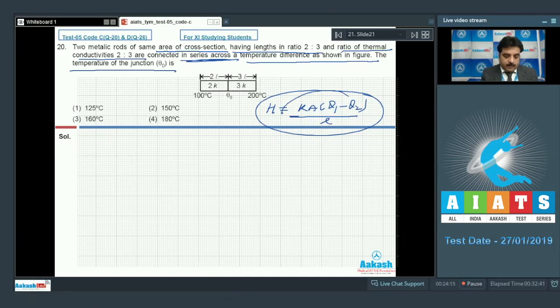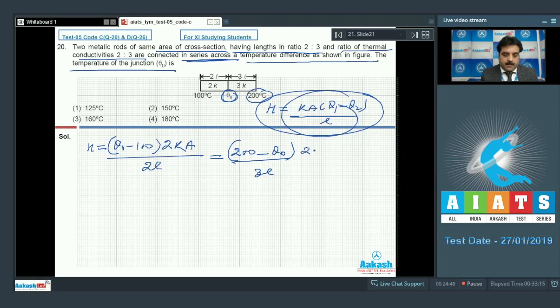In the case of series, heat current will remain same, so I am going to use this formula. H is heat current. First I would like to start from theta naught: (theta naught minus 100), coefficient of thermal conductivity is 2K, area of cross section is A, and length is 2L, and that will be equal to (200 minus theta naught) divided by 3L, coefficient of thermal conductivity is 3K into area A. So this is the general expression.